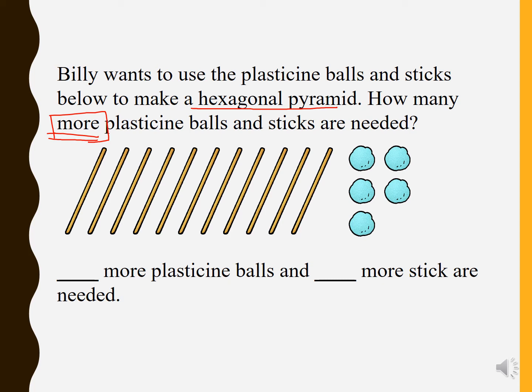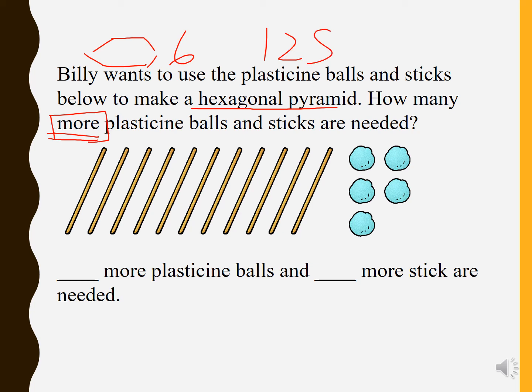For hexagonal pyramid, the base shape is a hexagon, right, with 6 sides. So for the number of sticks, it is 2 times the number of sides of the base shape. So we need 12 sticks, or you can count it from the picture.